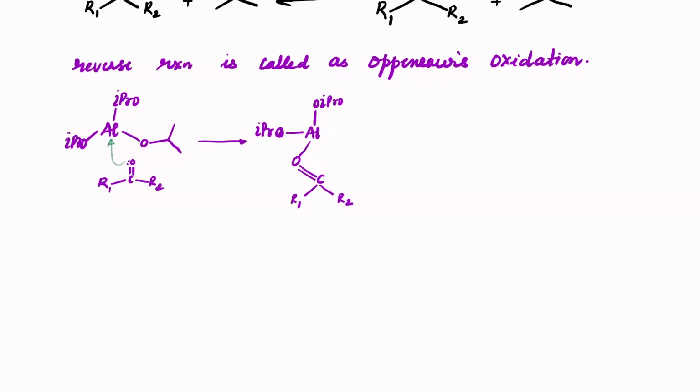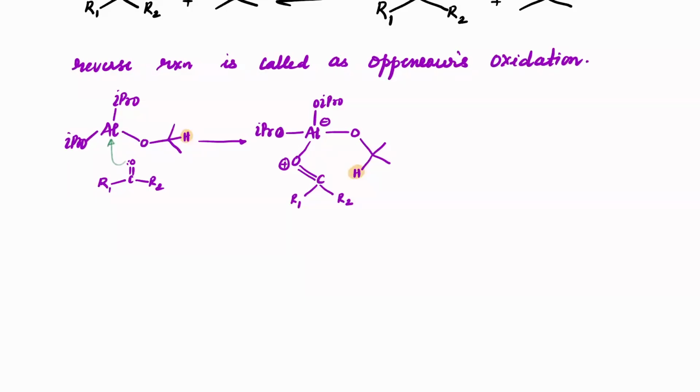And it gets a positive charge here. Aluminium will get a negative charge here, and that has oxygen and hydrogen with two methyl groups, correct? So on this carbon we have a hydrogen also, right? So that is the hydrogen I'm talking about. Let me mark that hydrogen for reference. This hydrogen and this hydrogen are the same.